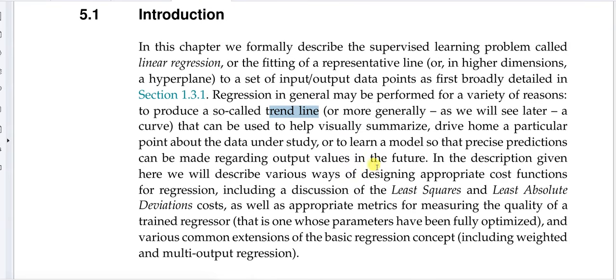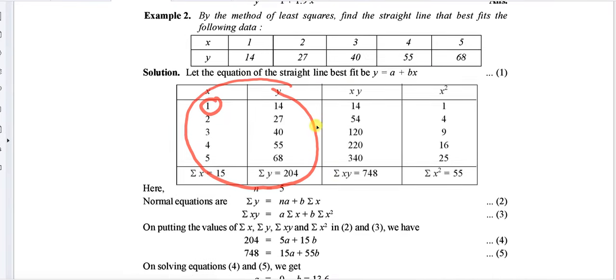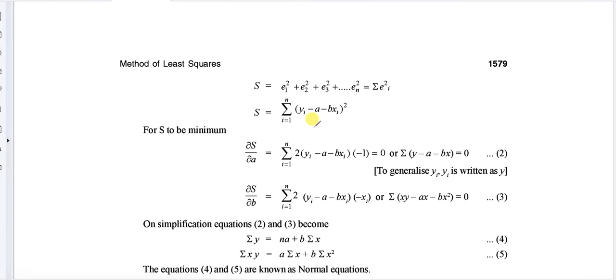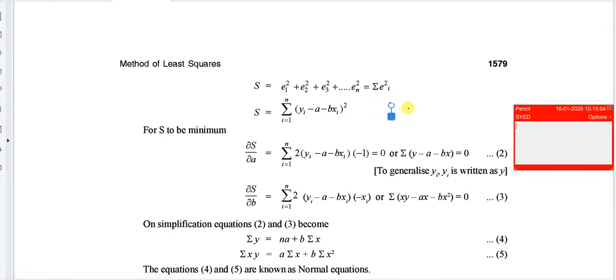In this description, we'll describe various ways of designing an appropriate cost function. What is the appropriate cost function? This difference, yi minus f of xi, is called the cost function.